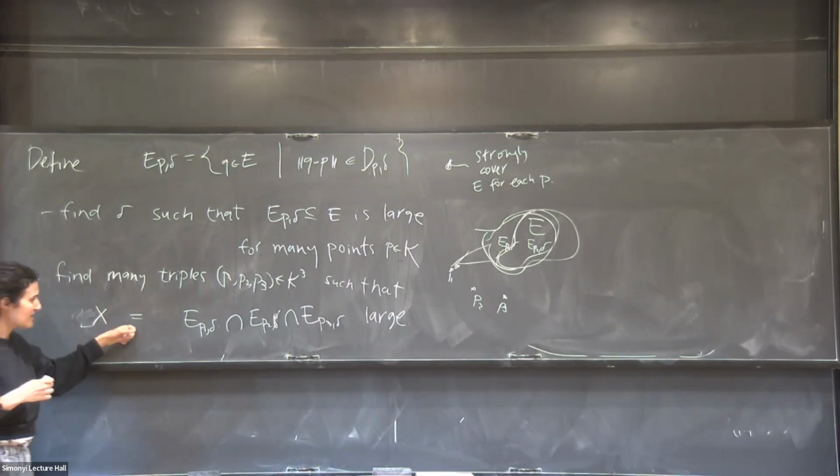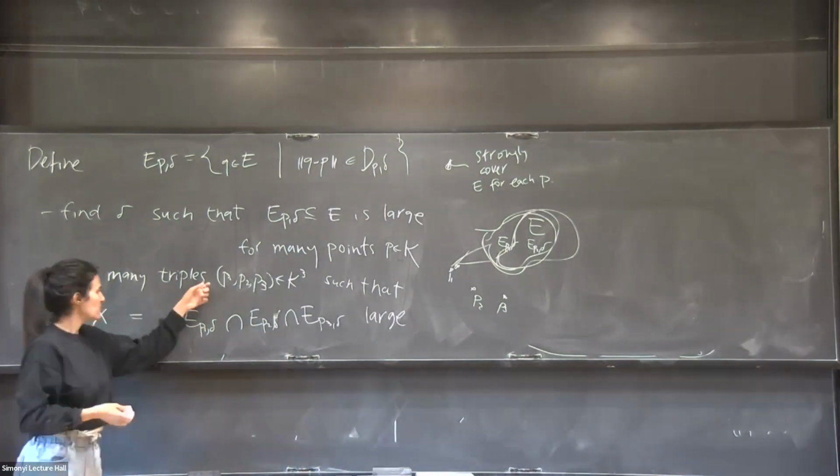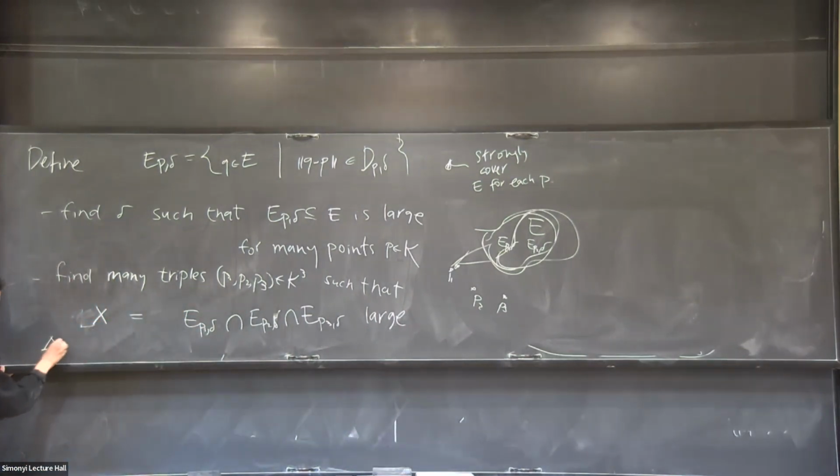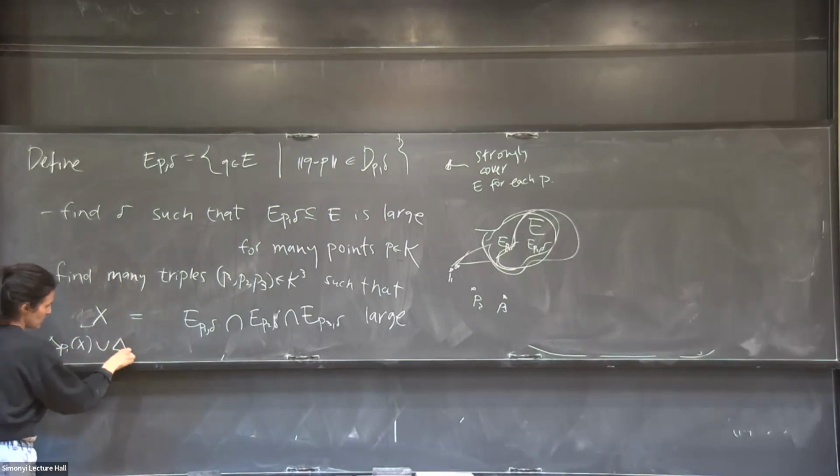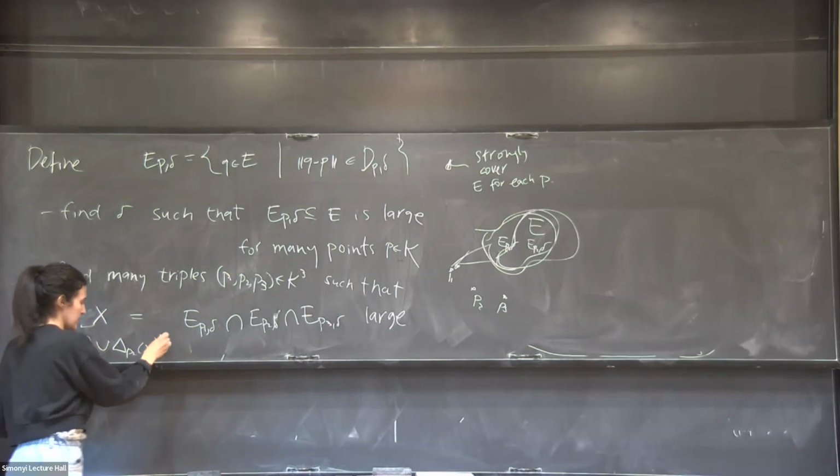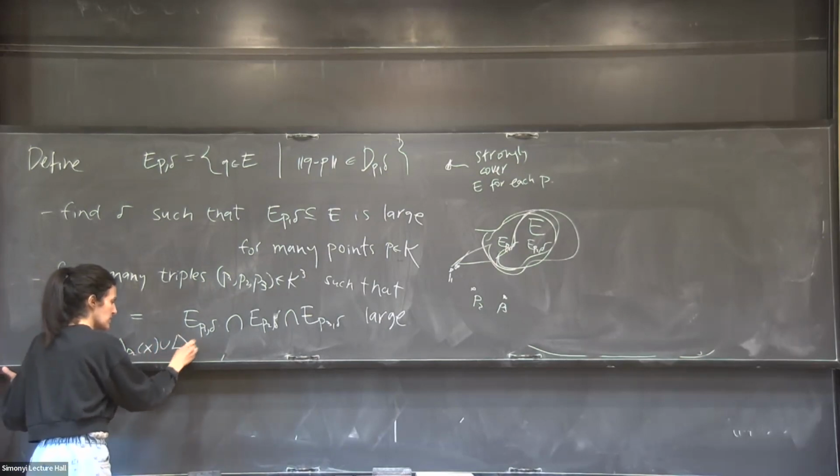So we have a set X, which is pretty large. And we know that the set of distances, so the distances from P1 to X, distances between P2 and X, distances between P3 and X is small. Why is it small?